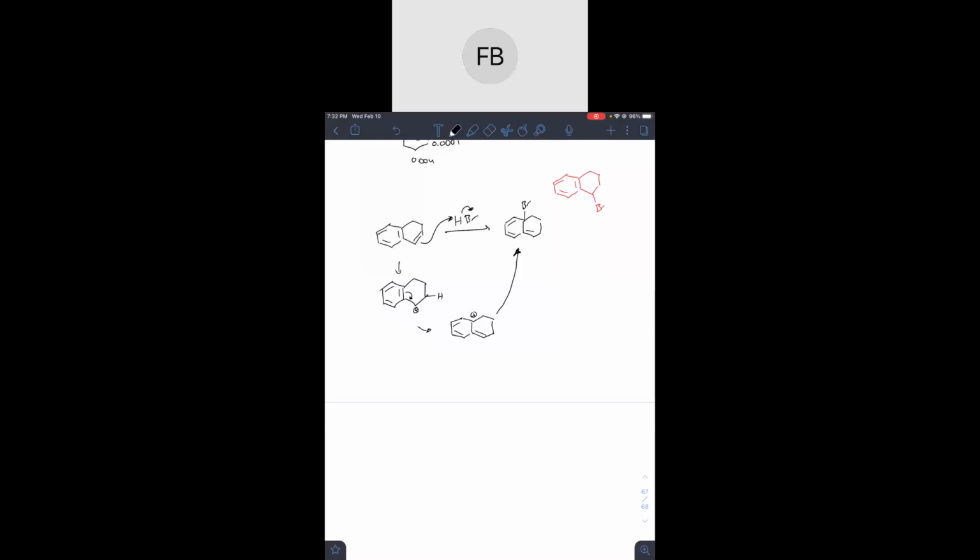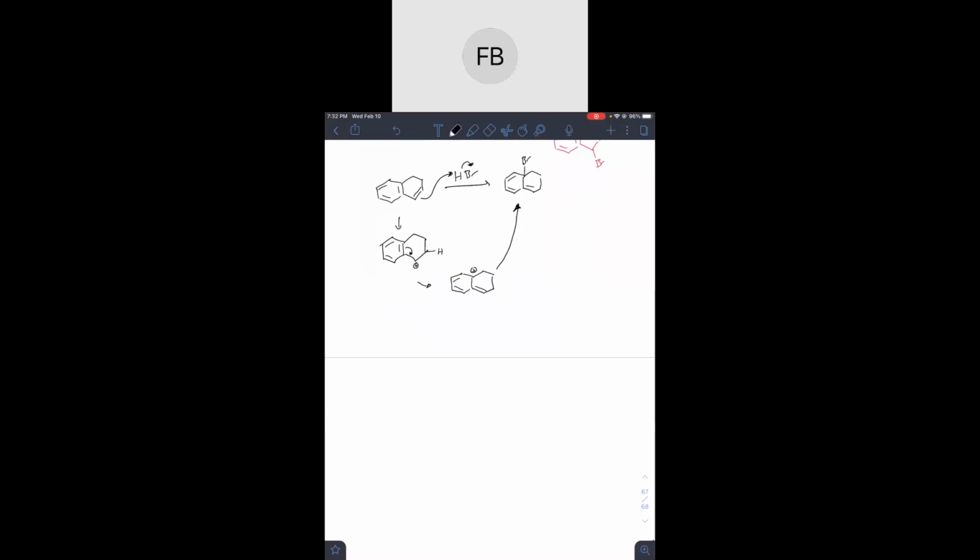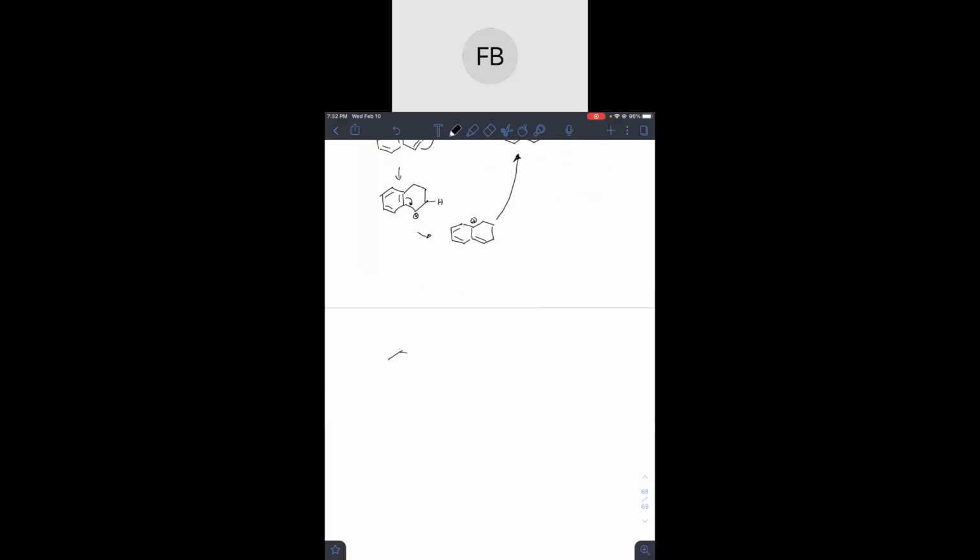But I wanted to contrast that with a situation where rearrangement isn't possible. Like if I had this, which is another benzylic ring, and let's say that it had a double bond like this. This is styrene, right? And so let's say I reacted this with HBr.